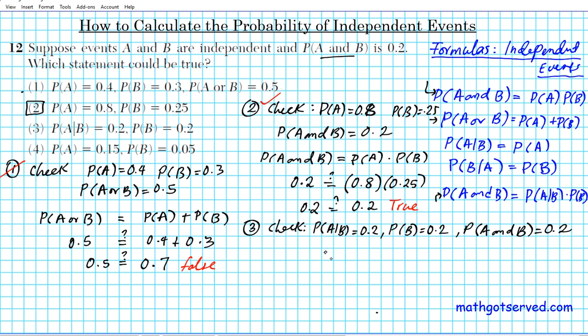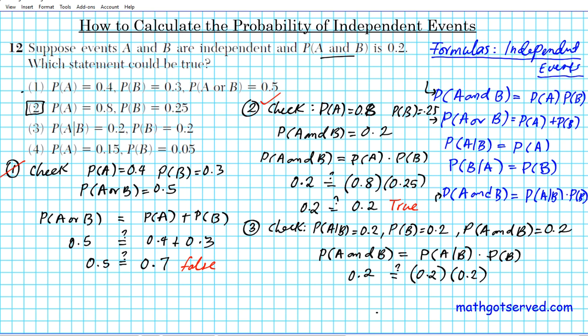Okay, so the formula relating all of them is, probability of A and B for independent events is probability of A given B, which is the same thing as probability of A times probability of B. Okay, so if we substitute, the question is, 0.2, which is probability of A and B, is it equal to probability of A given B, 0.2, times probability of B, which is 0.2?